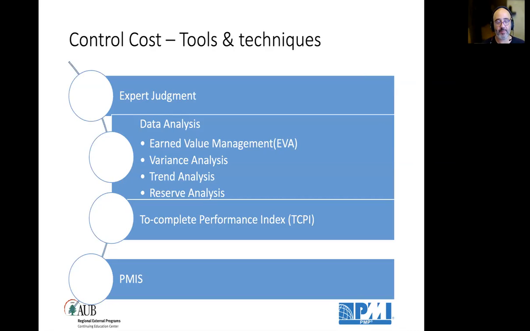Tools and techniques: expert judgment and project management information system. وأهم واحدة هي data analysis اللي هي earned value management or earned value analysis. This is where you analyze variances and you work on bringing back those variances in line with the initial budget. في trend analysis، trend بالexpenditures، trend بالcost، trends بالfunding. وفي reserve analysis where you go back to the contingency reserve and the management reserve and you update those as and when needed.